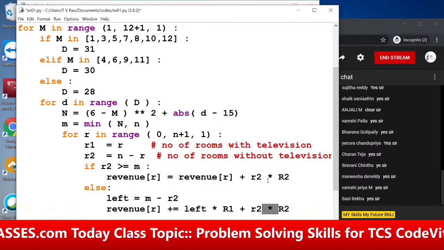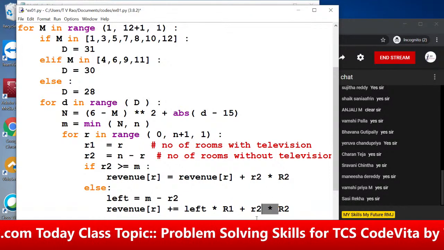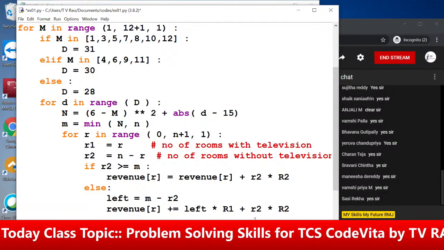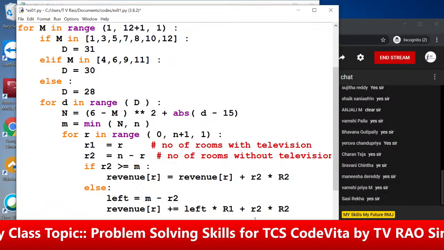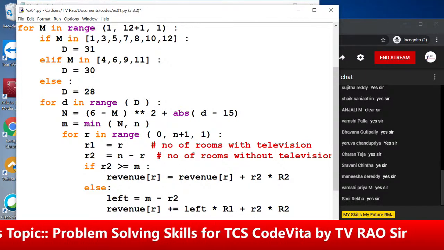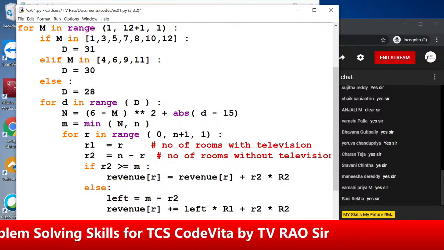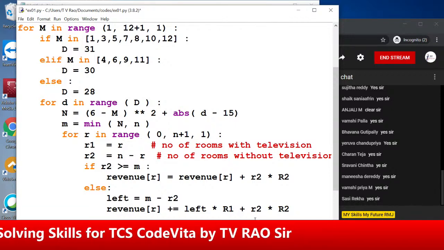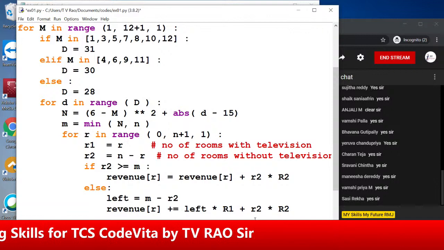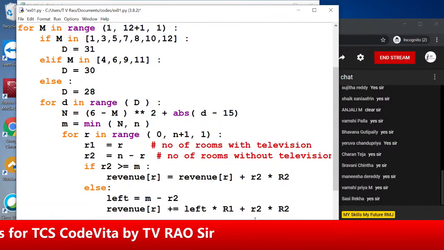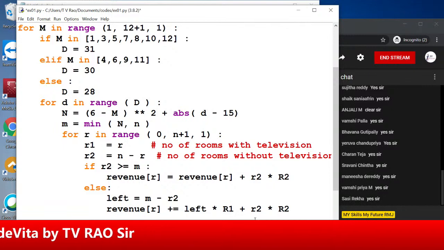Okay, is this clear? Please check it once again. And let me know if there is any issue so far. Otherwise, we are done.